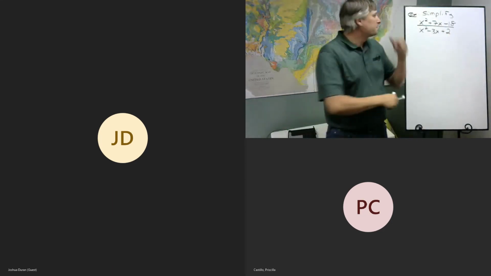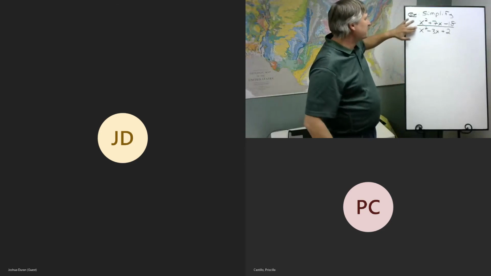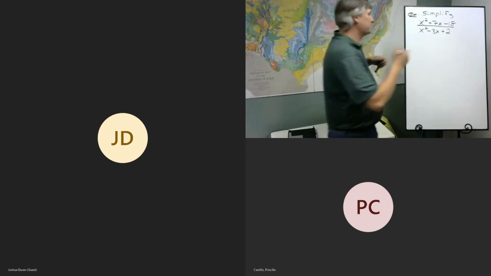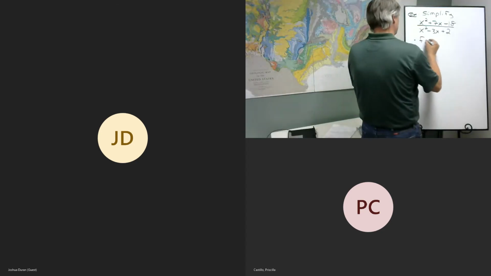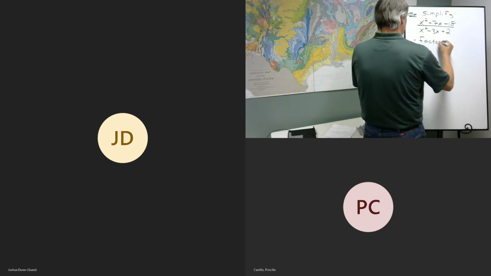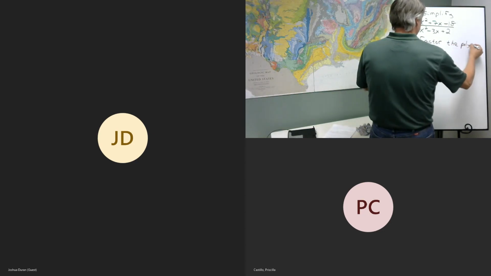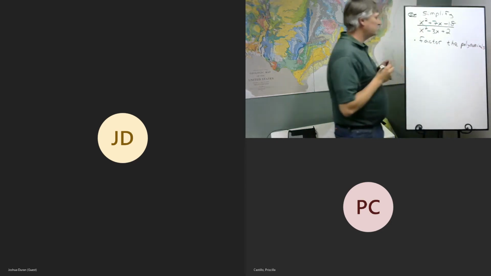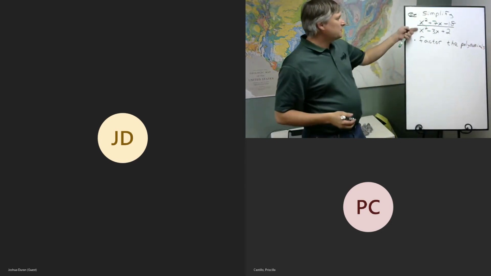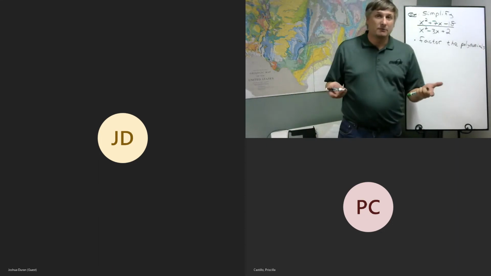So what we want to do is we want to factor the 2 polynomials. So for this one and this one, they have that invisible 1 in front.